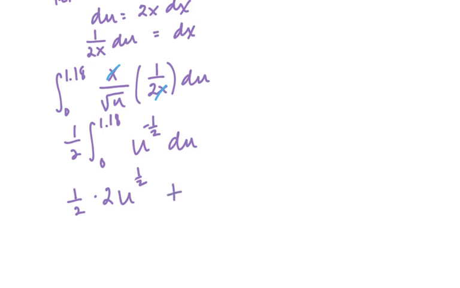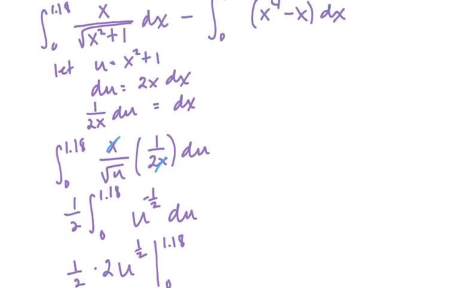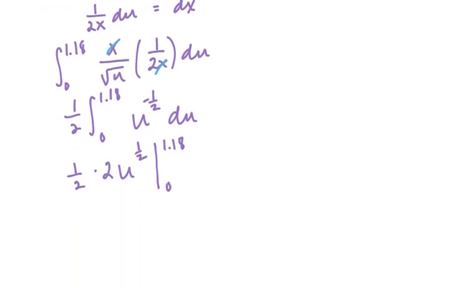And then we would write plus c, but we don't need to because we have bounds. And these bounds are 0 to 1.18, but remember they are in terms of x. So let's go back, and u is x squared plus 1. So 1/2 times 2, those cancel.